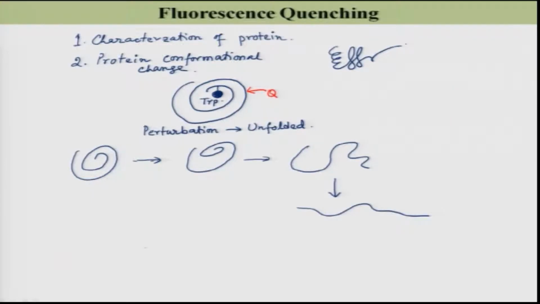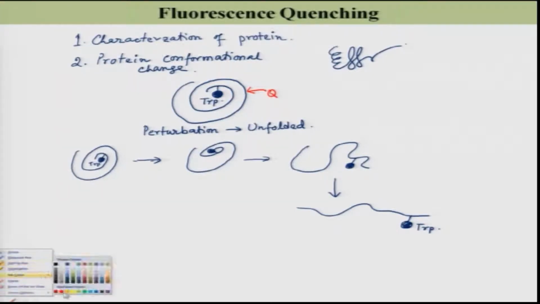So, that tryptophan which was originally here in the buried location, this is my TRP, it is now over here, still in the buried location. Now it is opened somewhat, and now it is fully open. This is my tryptophan residue. So, depending on the secondary structure of this protein, the accessibility of the quencher will be different.